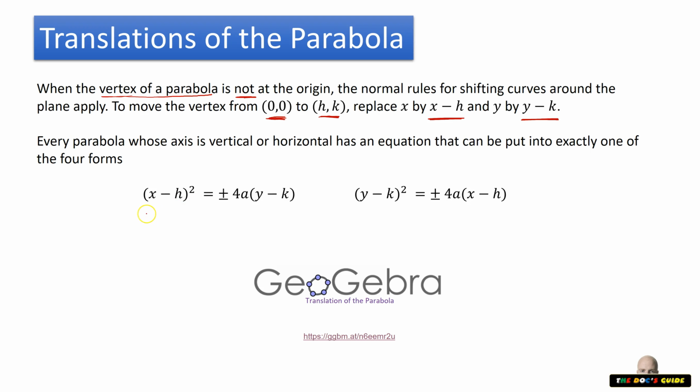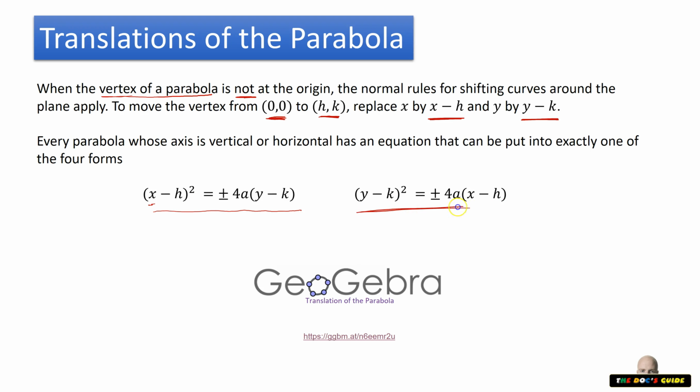So if we've got this form here, notice that this is just our x squared equals plus or minus 4ay, if we've got the vertex at the origin, so when h and k are 0. So if we put h equals 1, for example, and k equals 1, then we've shifted the vertex to the right by 1 position and up by 1 position.